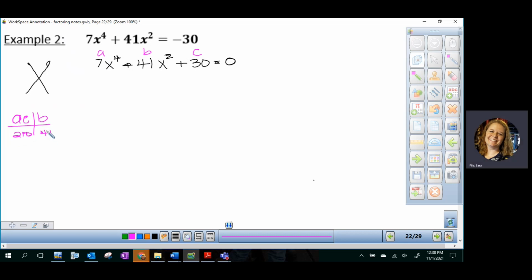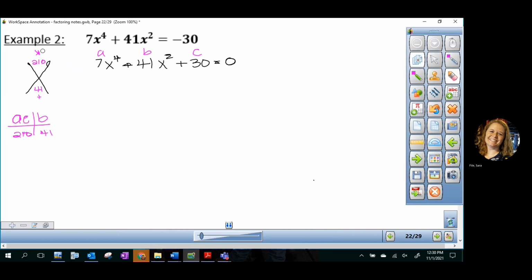Then you have to figure out what numbers multiply to give you the a times c, but add to give you the b. So that's what you're asking yourself.